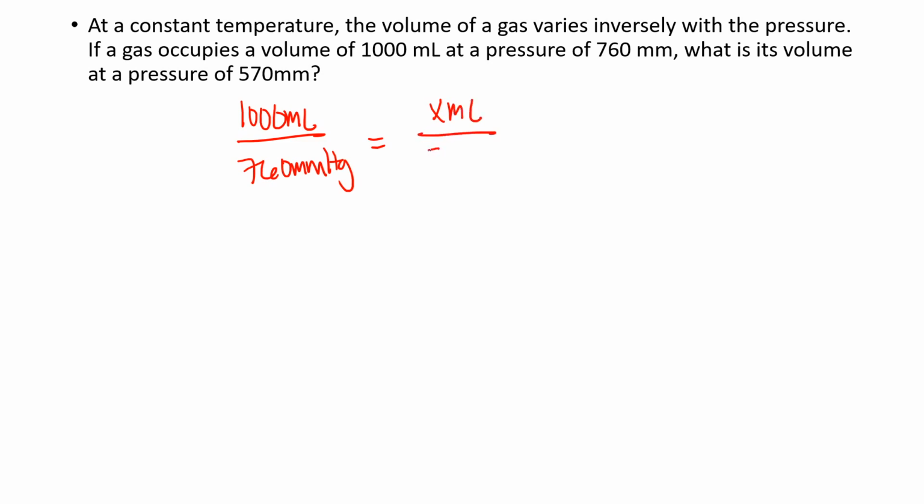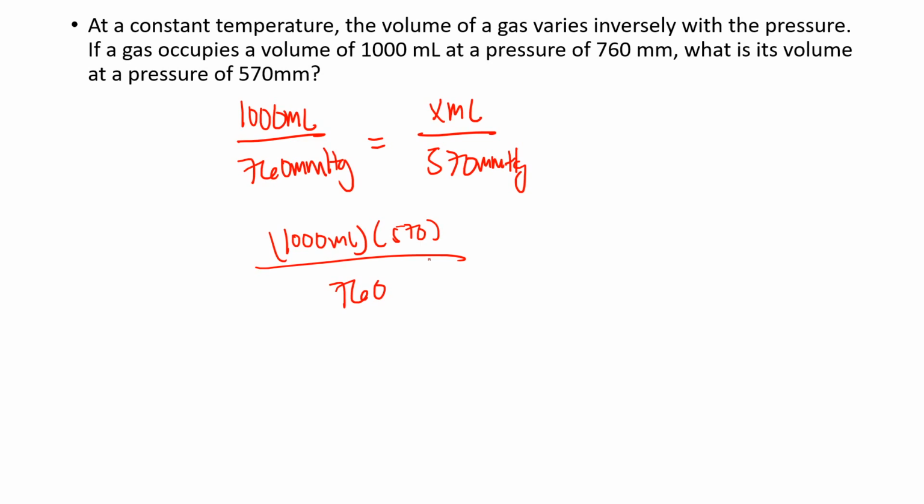X ml at the pressure of 570. 1000 ml multiplied by 570 divided by 760. You get 750 ml.